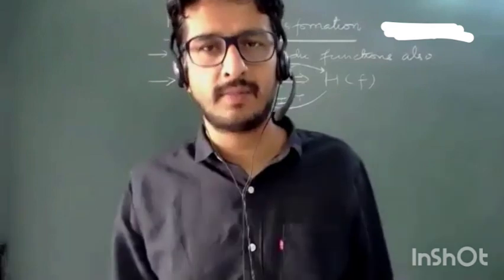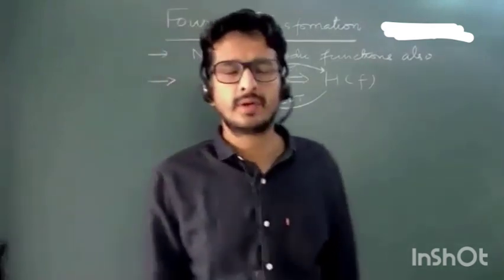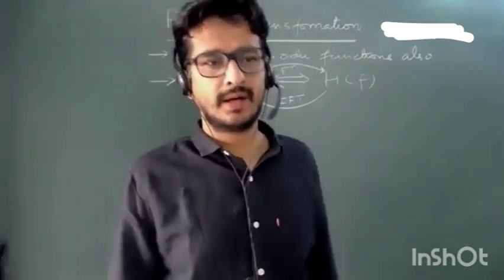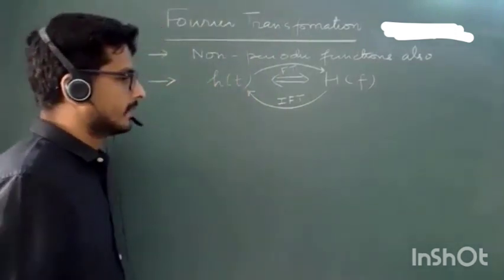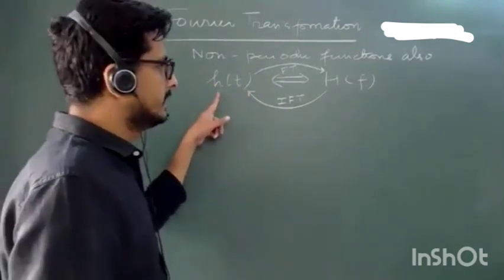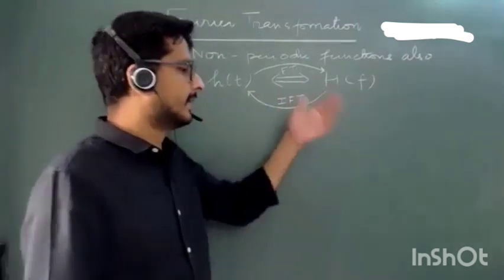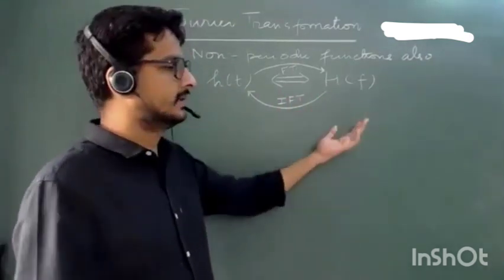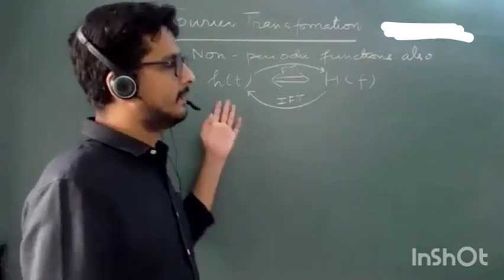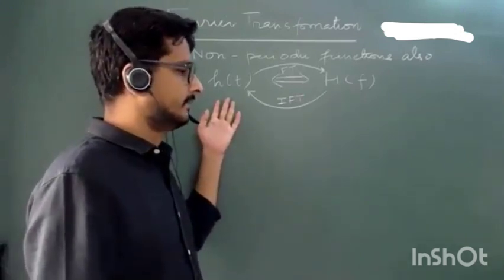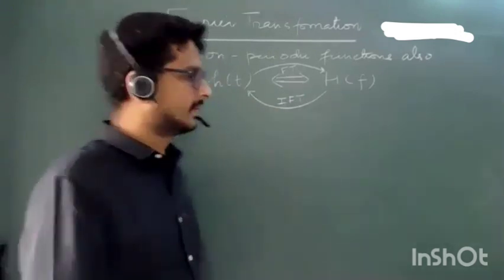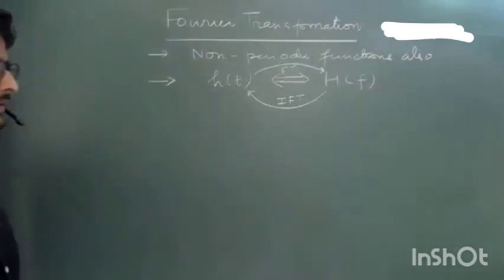Why do we do transformations? We do transformation because we have certain advantages in that form. Suppose we have converted h(t) into capital H(f), and in this form there are some advantages, so we will just utilize those advantages, and then we can come back again to the original form. There is always a possibility, because you have inverse Fourier transformation also.